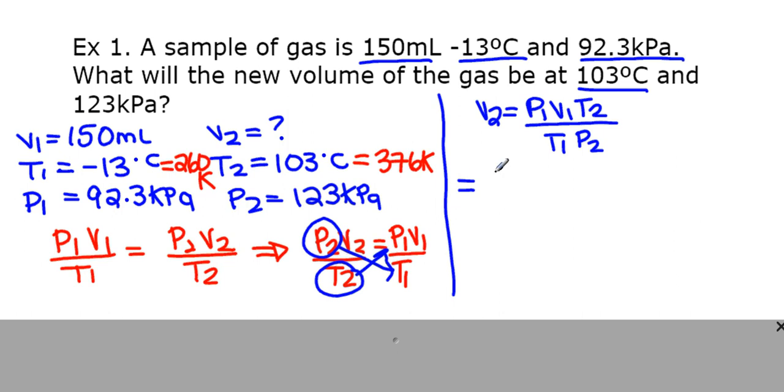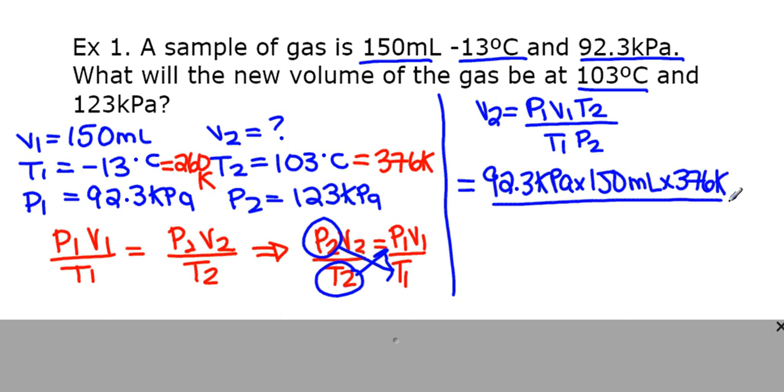Just put it all in and do the calculation. All right. So, not hard to put in. Take the time to make sure you've got your formula rearranged properly, and then it's just calculating.